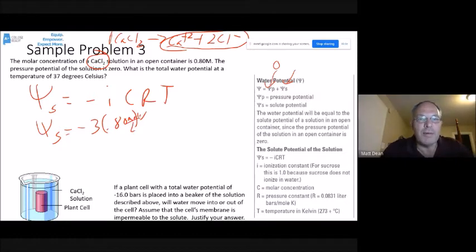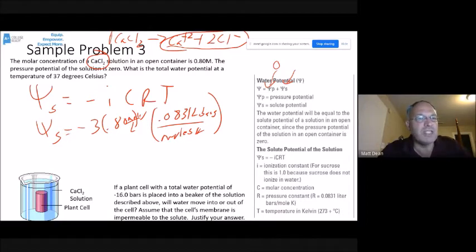We're going to multiply that by R, 0.0831 liter bars over moles times K. And we're going to multiply that by the temperature, which is 37 C. Add 273 to that to get 310 K. Cancel out units. Everything, once again, cancels except bars.